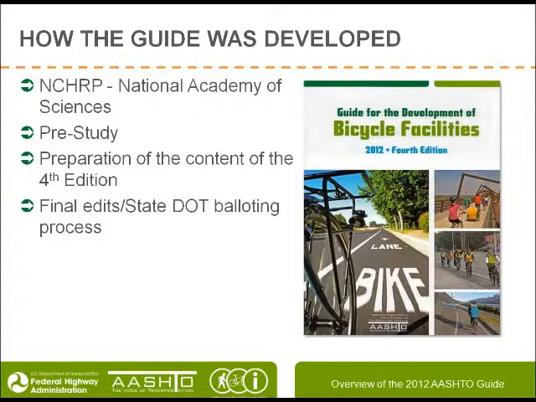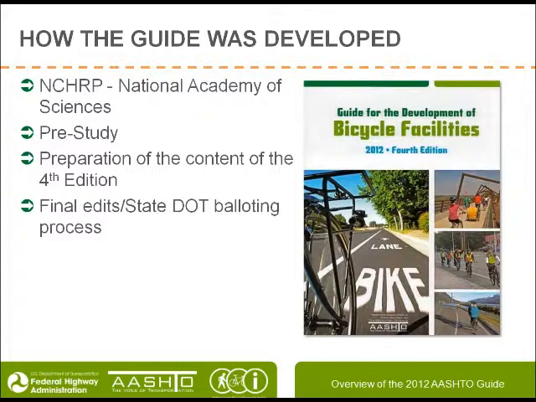Some background on how the guide was developed. It was developed through the NCHRP process. NCHRP, the National Cooperative Highway Research Program, is a wing of the National Academy of Sciences, which was created by President Lincoln to provide independent advice to government on matters related to science and technology.